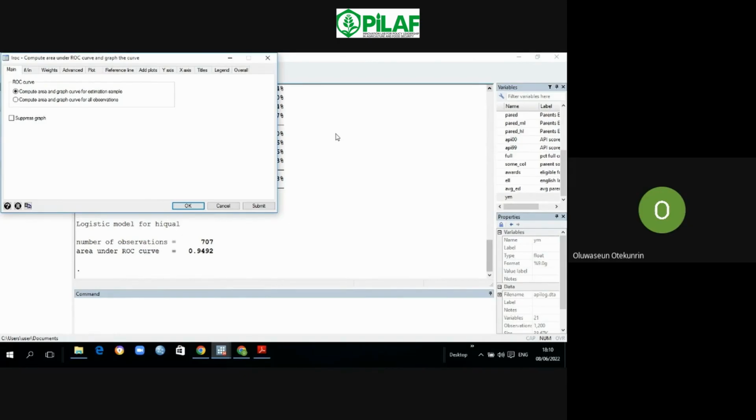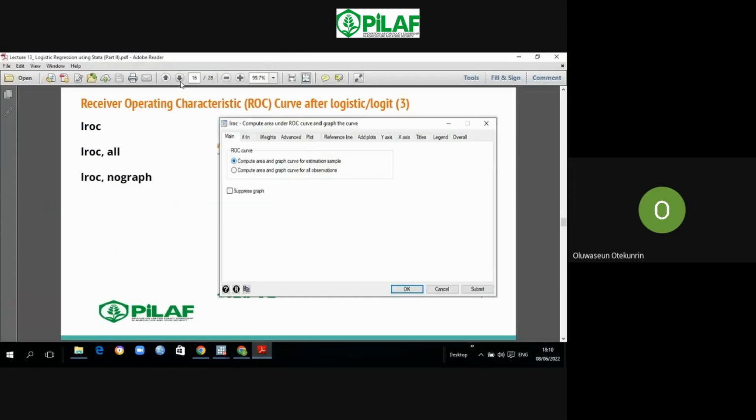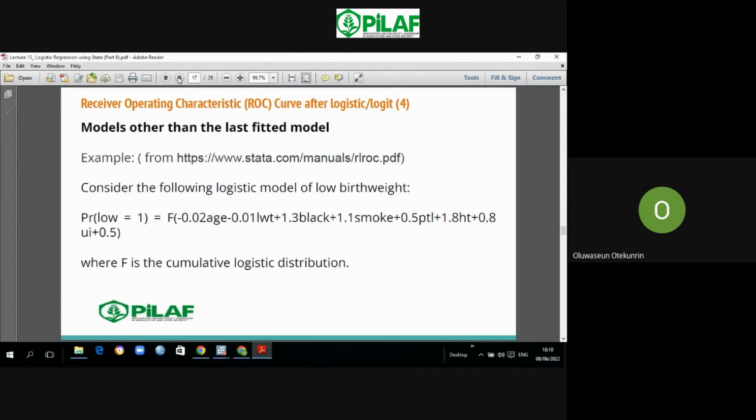Okay, this is post estimation, which means that we must have estimated before coming to LROC. If we have models that are different from the last fitted model, as in you have not done the estimation, this is an example from slide 17: models other than the last fitted model.